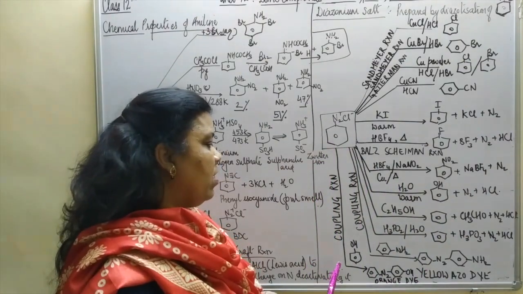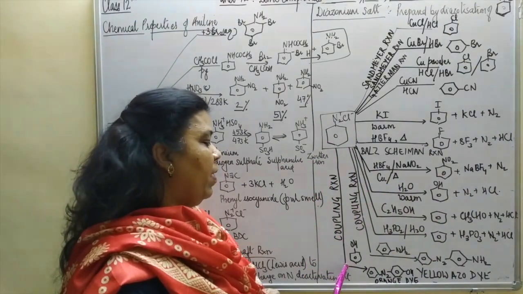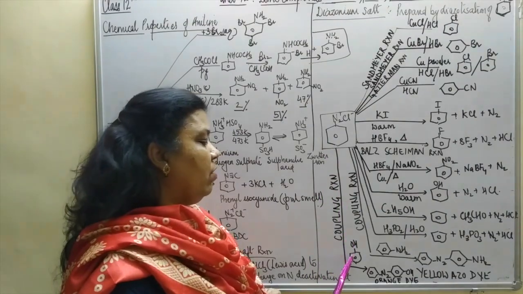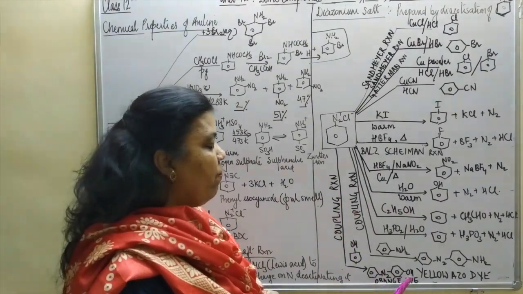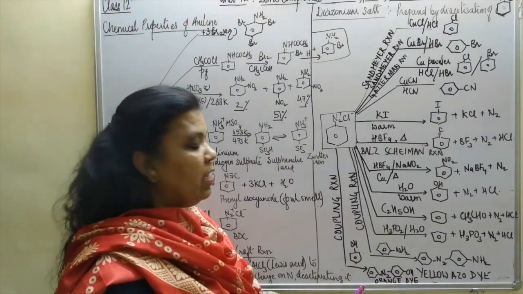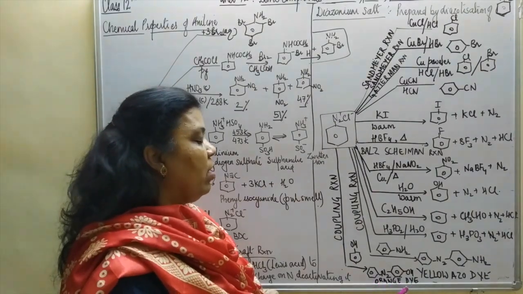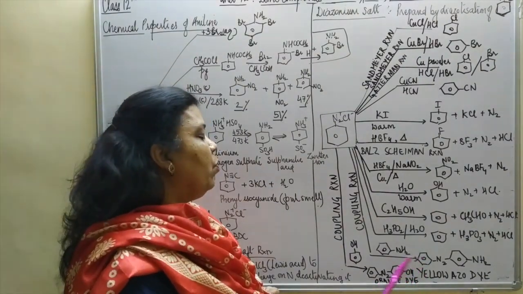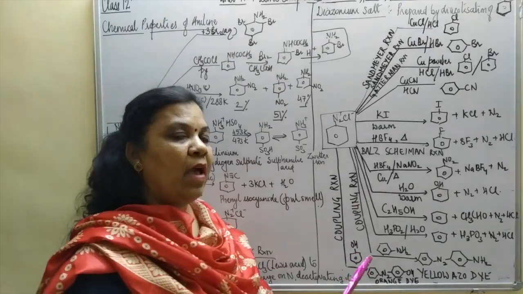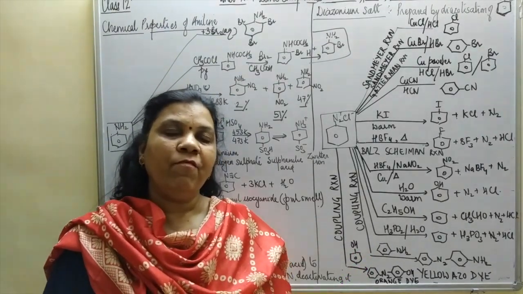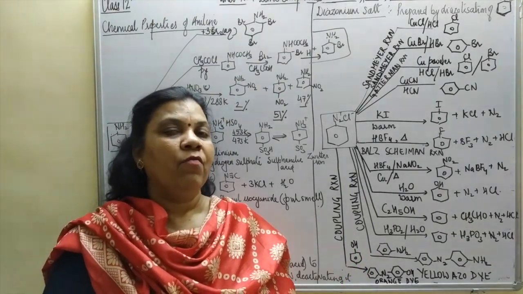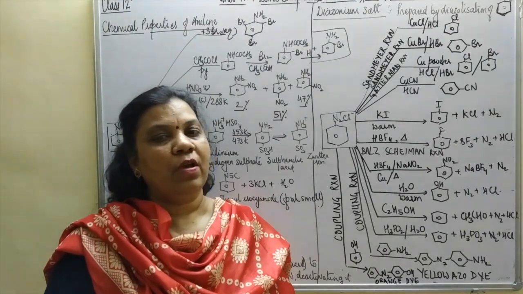And the last one is again the coupling reaction, BDC treated with phenol. It will form 4-hydroxyazobenzene, again an orange color azo dye. So both these reactions are called coupling reaction. BDC with aniline forms a yellow color dye, with phenol forms an orange color dye.